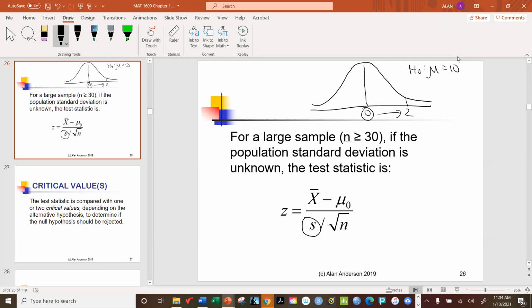Here's an example. Remember, we talked about the null hypothesis that the mean age of the United States is 30. What if I come up with a sample mean of 33 and my test statistic is 2.17? Does that give us enough evidence to suggest that we should reject the null hypothesis?